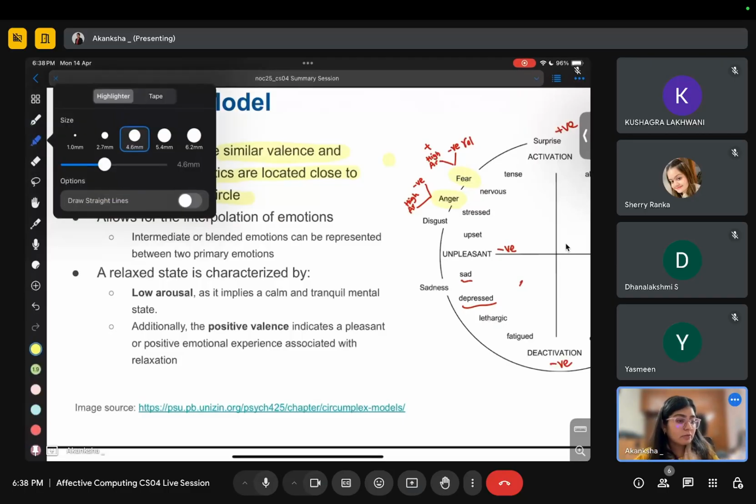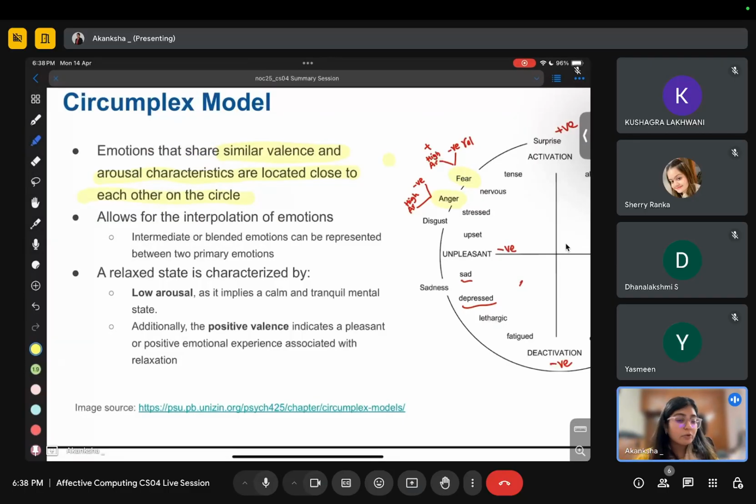So what are the pros and what are the benefits of using this model? It allows for the interpolation of emotions. Let's say previously you said either you are happy or you are sad, but you might be slightly happy, slightly sad. There can exist a state because, as I mentioned, human emotions are very complex. So it can also represent primary or blended emotions between two primary emotions.